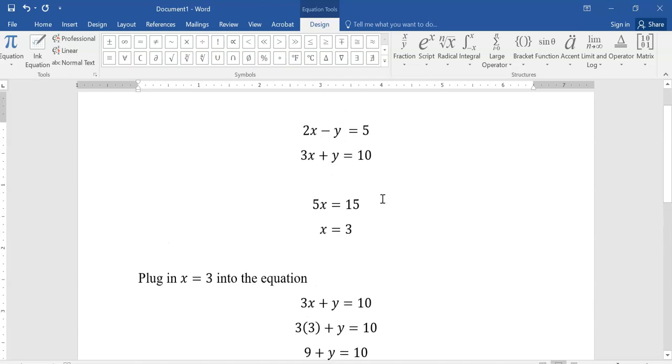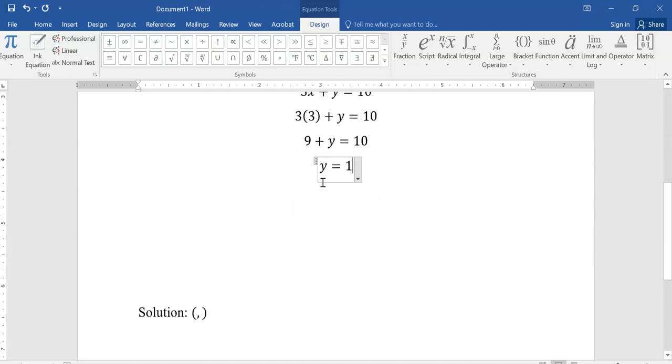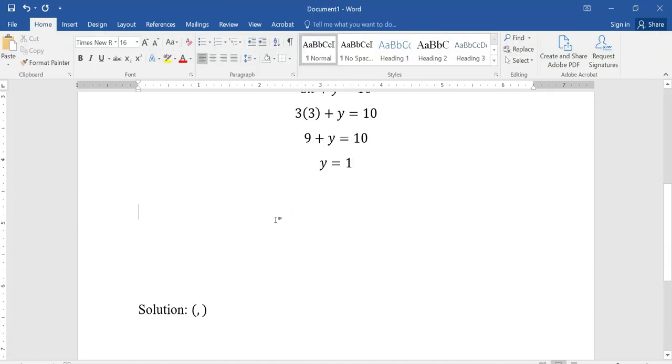We use the elimination to add these two equations together. Because they had opposite coefficients, we got x equals 3, and then when we plug that back into the equation here, we ended up with y equals 1. That means that the solution to this system of two linear equations is the point 3, 1.